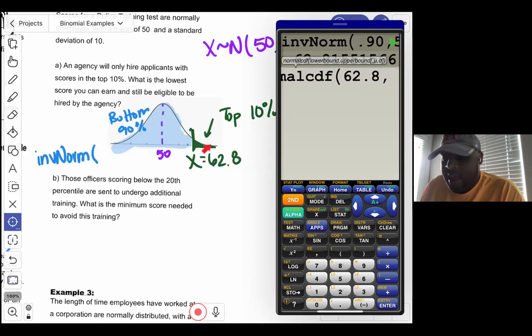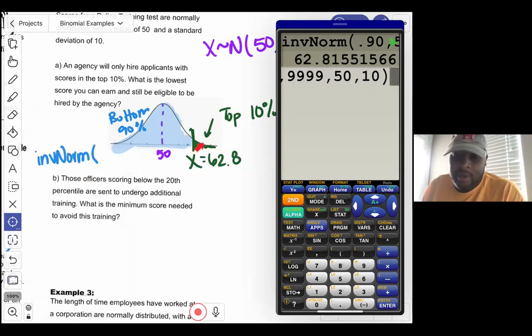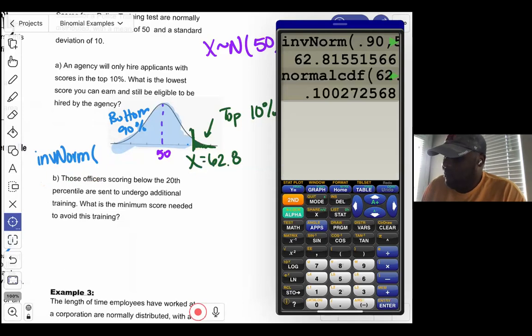And then it extends forever in this direction. So that's 999. The mean is 50. The standard deviation is 10. When I do this, if I did this correctly right here, this should be an area of about 10%. If you look here, you get an area of about 10%.